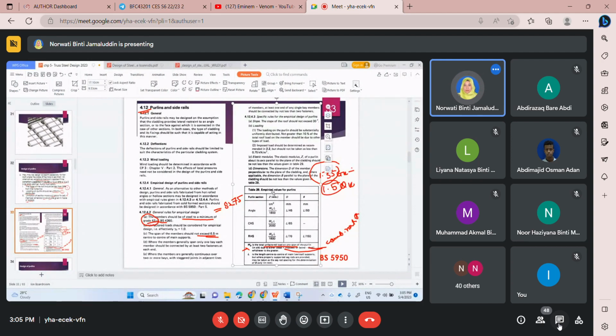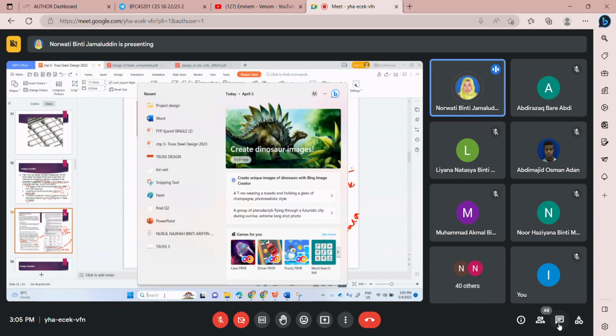Z represent modulus of elastic, but according to Eurocode, modulus plastic is WPL. So Z is the old version of modulus of elastic. Dulu-dulu kita guna Z sebagai modulus elastik, tapi untuk Eurocode modulus elastik adalah WPL. Okay, let's refer to Eurocode.